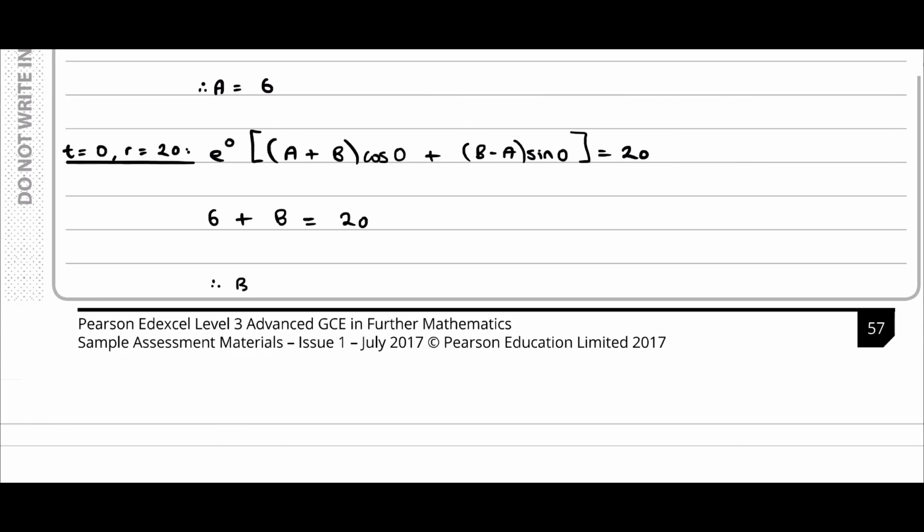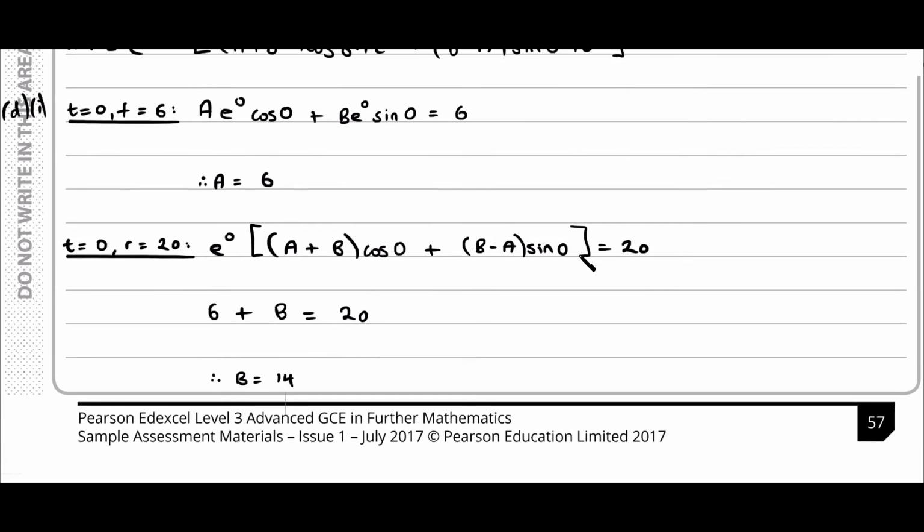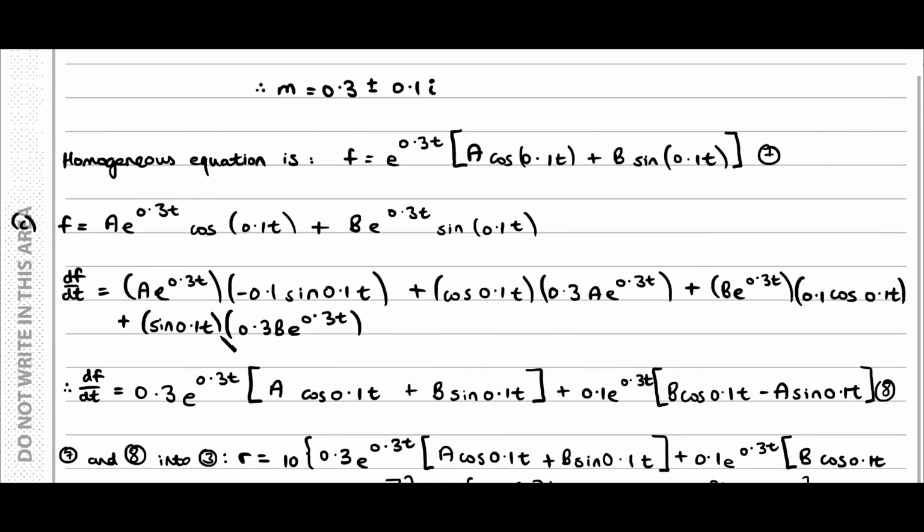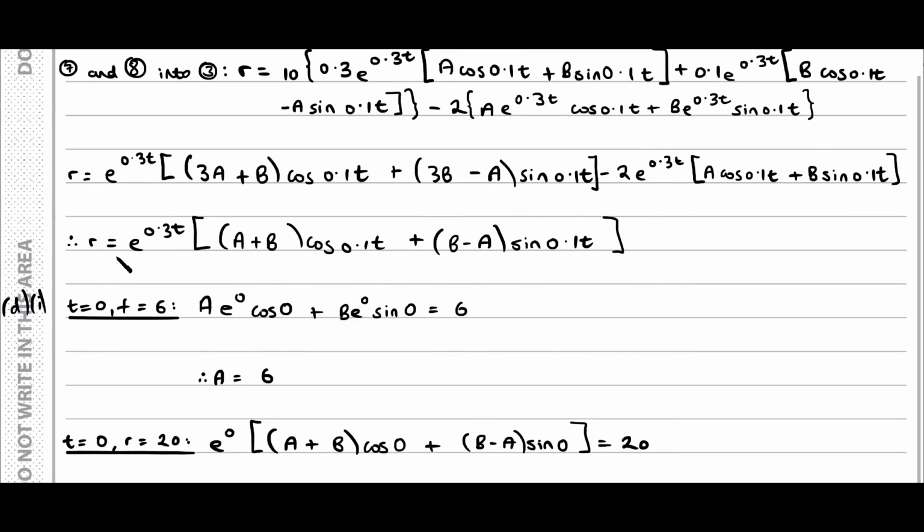So knowing the values of a and b, we can therefore first of all define what r is, and then define what f is using those formulas.